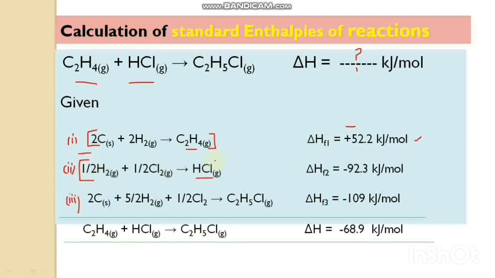Third equation is added. Now when we add these equations and their corresponding enthalpy of formation values, we get the required equation, ethene plus HCl gas giving you ethyl chloride gas. The molecules that are not required in the final equation will cancel out, as carbon cancels with carbon, hydrogen cancels with hydrogen and chlorine cancels with chlorine.